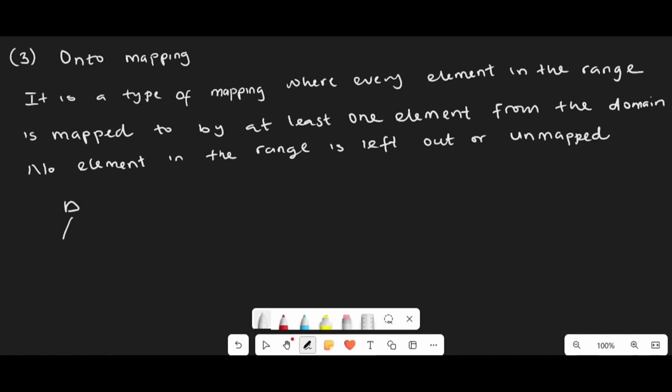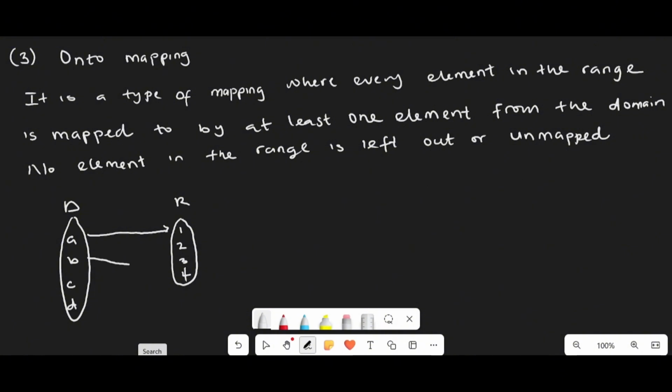Our domain, and the elements of our domain are A, B, C, D. And our range, and the elements of our range are 1, 2, 3, 4. A is mapped with 1.